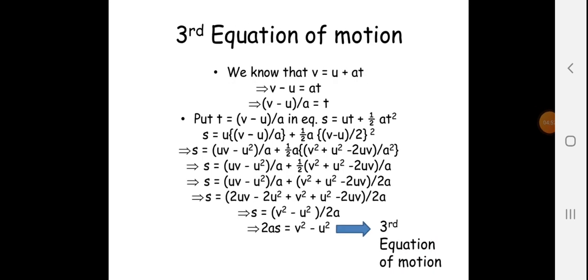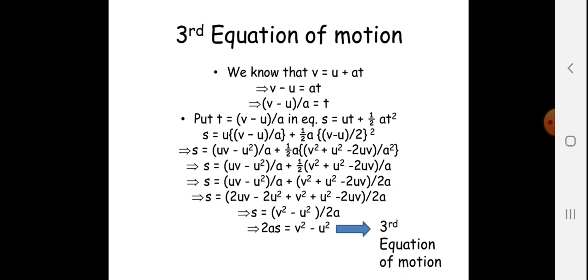Let's start with the third equation of motion. Now we will use our pre-knowledge. We know that v is equal to u plus at, the first equation. So v minus u is equal to at. Or you can also say that v minus u divided by a is equal to t. Now put t is equal to v minus u upon a in equation number 2 in the place of t.